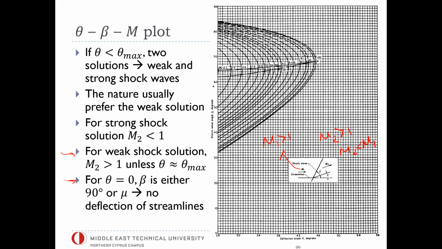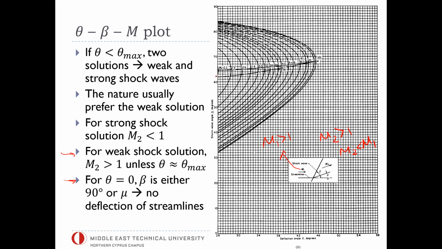And we want this deceleration to happen successively, meaning that we want this deceleration to happen through a series of shock waves, not through only one single shock wave. If you do it like that, deceleration through one normal shock wave, it would generate enormous amounts of stagnation pressure loss, which is not good for the engine inside.